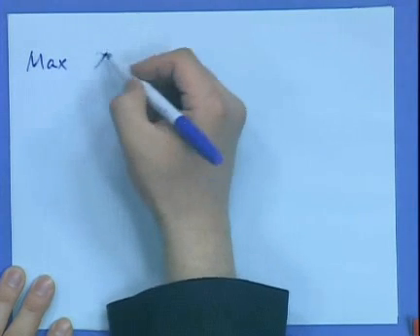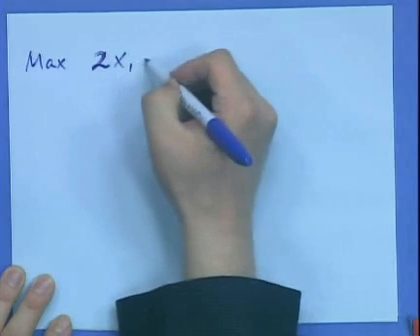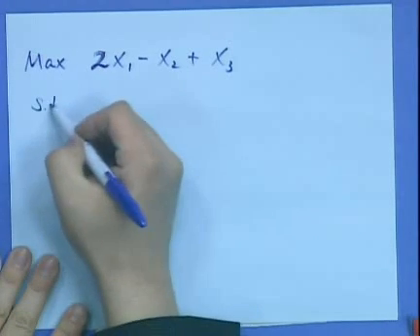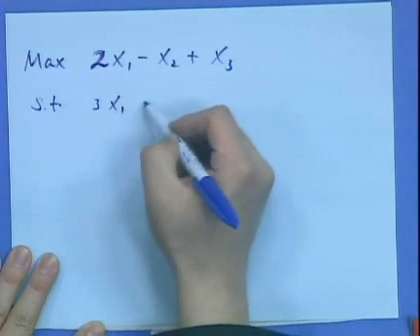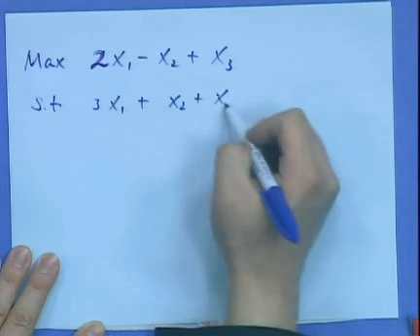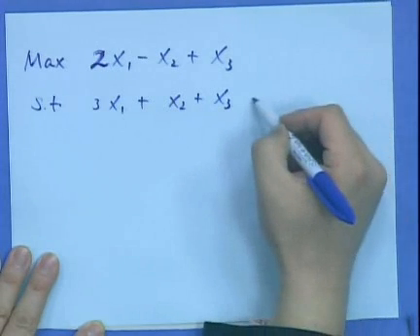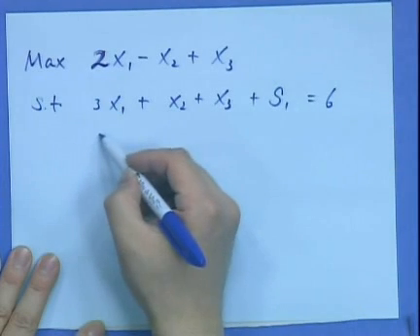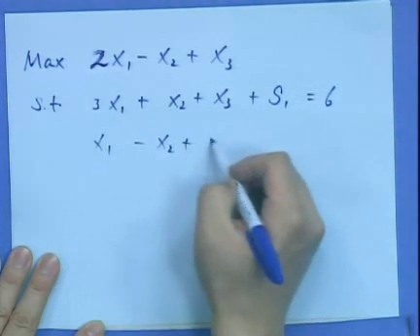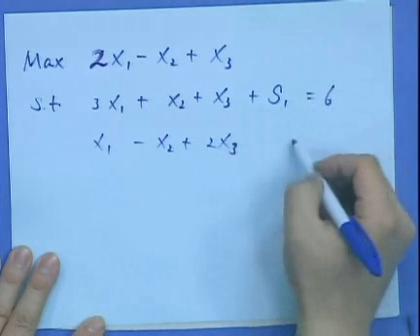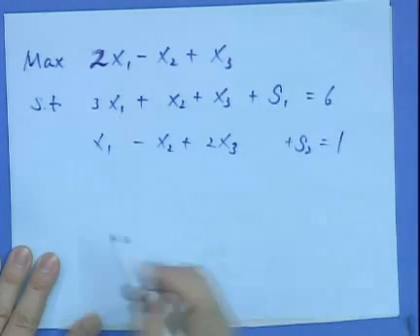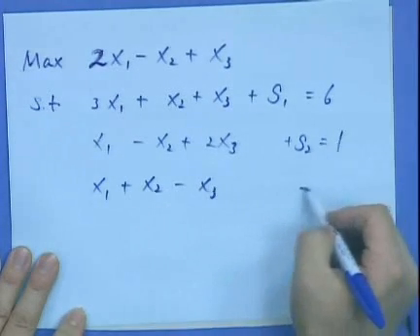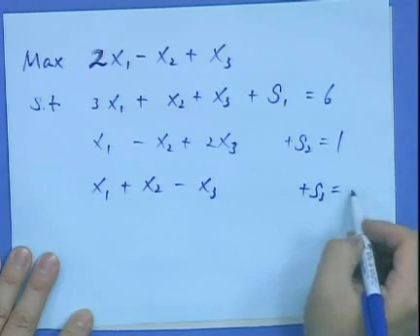Maximize 2x1 minus x2 plus x3, subject to 3x1 plus x2 plus x3 plus s1 equals 6, x1 minus x2 plus 2x3 plus s2 equals 1, and x1 plus x2 minus x3 plus s3 equals 2.